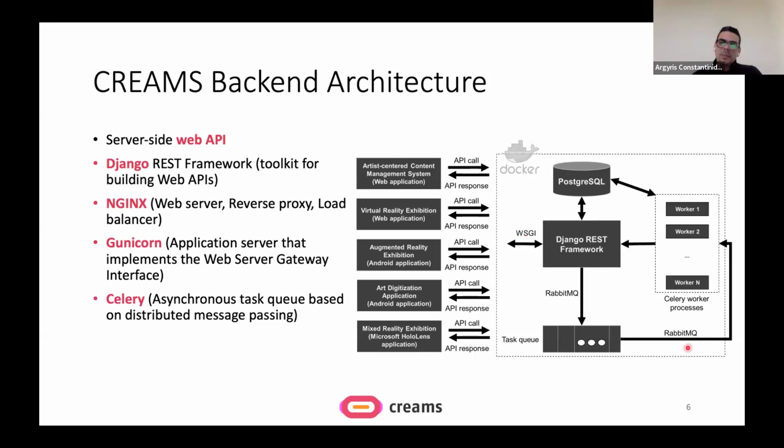Also, we have used Celery, which is an asynchronous task queue that relies on distributed message passing. And for the message broker, we use RabbitMQ. For the data storage, we utilize a relational database management system, which is called PostgreSQL.